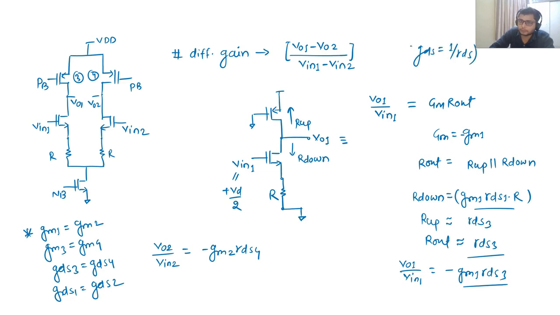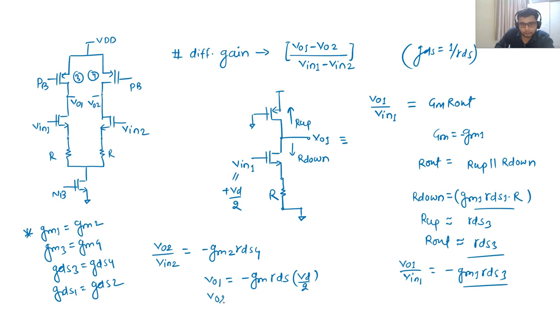So this way we can see what is V out 1. V out 1 is nothing but minus GM. Let me call GM1 equal to GM2 equal to GM. So minus GM RDS, I should call RDS, minus GM RDS times V divided by 2.